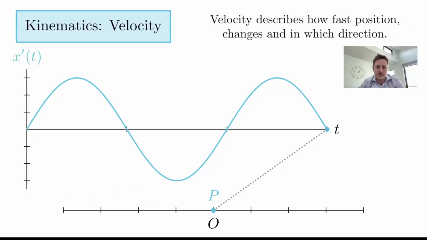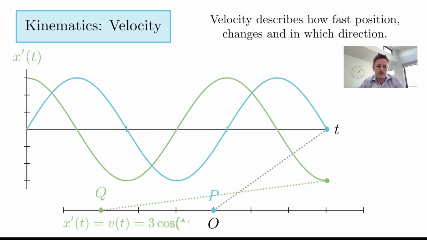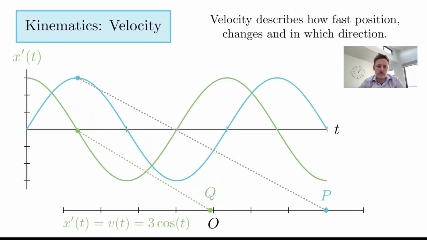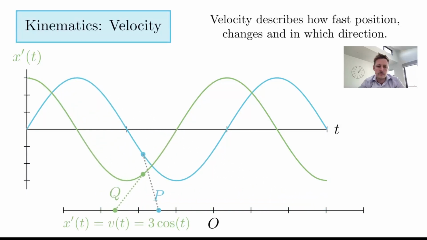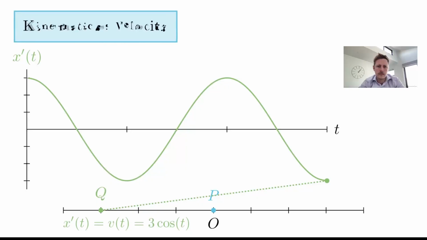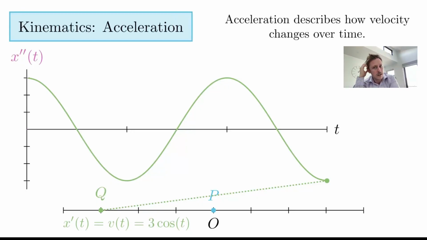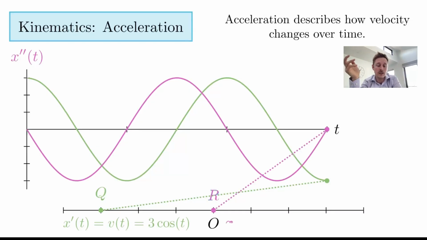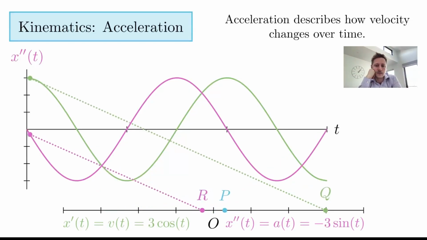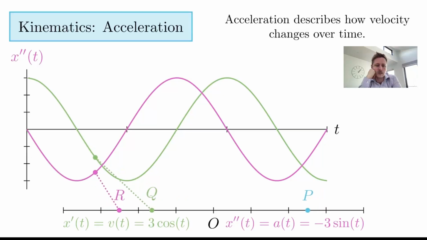And that's how fast the position changes and in which direction. And then acceleration. So acceleration is then a change in your velocity over time. It also has a direction as well.